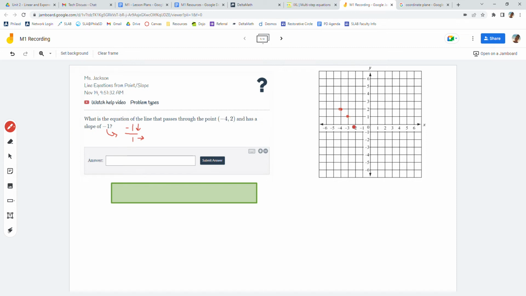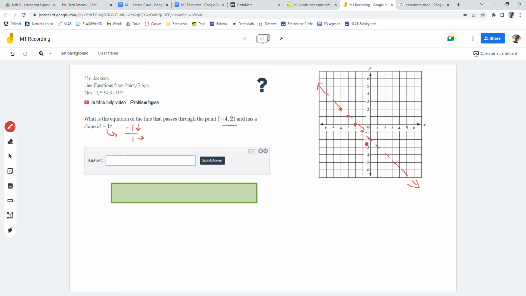Down 1, right 1, another point. Down 1, right 1, another point. So this is our line that passes through this point -4, 2 and has a slope of -1.